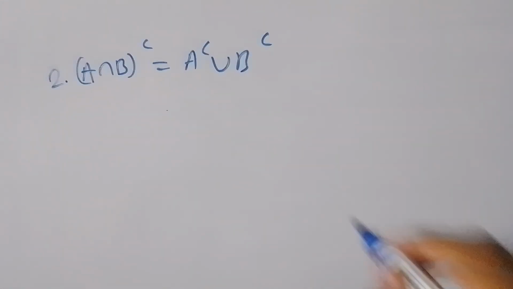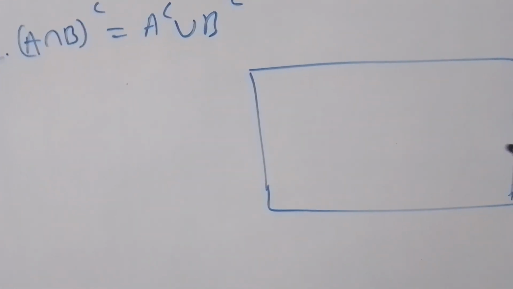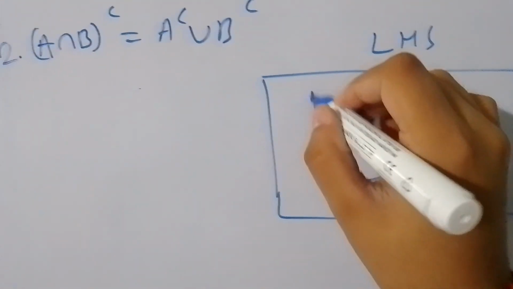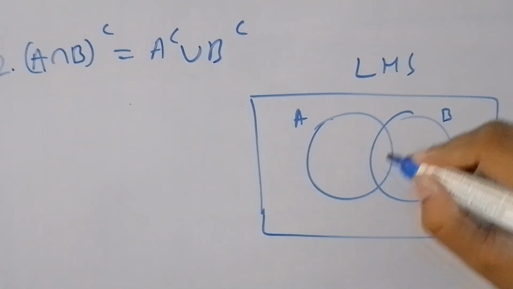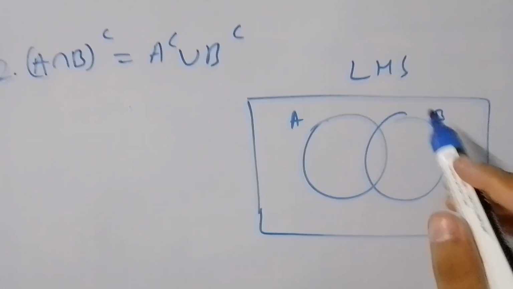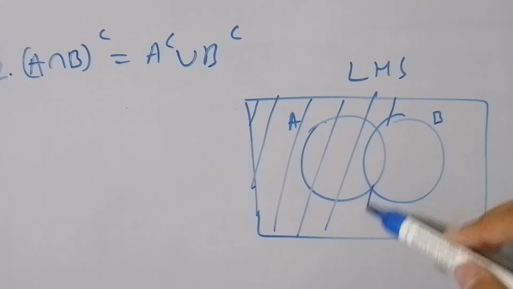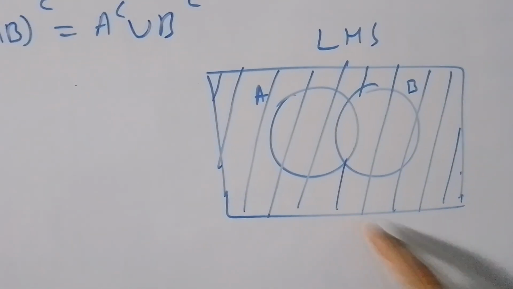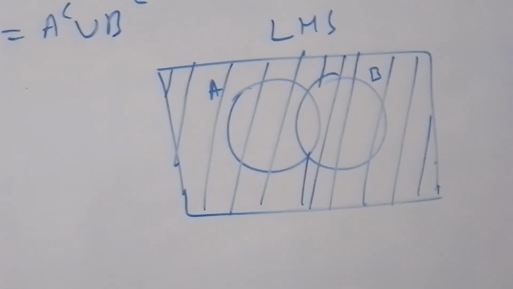So for the Venn diagram, we again will be taking the LHS. So this will be A, this will be B. Now A intersection B is this part, so the complement of it will be this part. Right there. Now RHS.